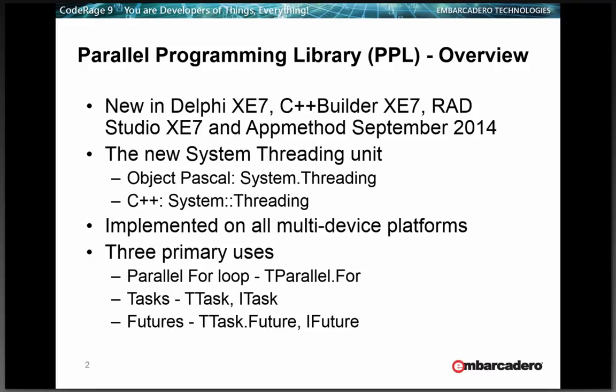And there are three main areas in the library that are implemented in code, not in the language: a parallel for loop, tasks, and also futures, but I'll mention a little later some of the issues in using the current release for future variables. But it allows you to easily add parallel programming to your applications.